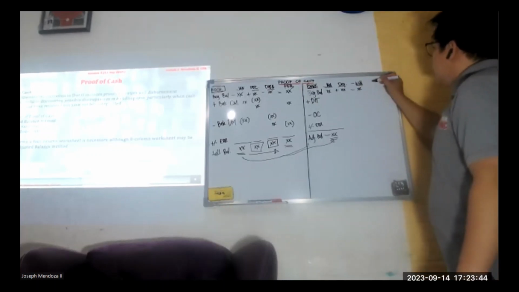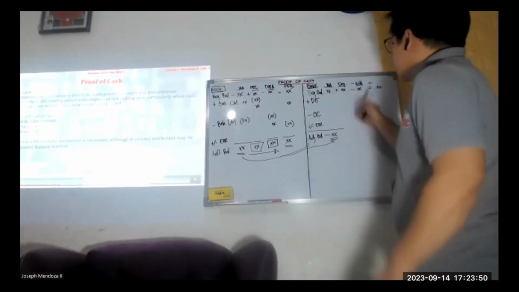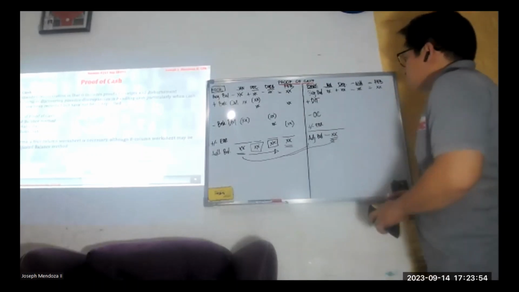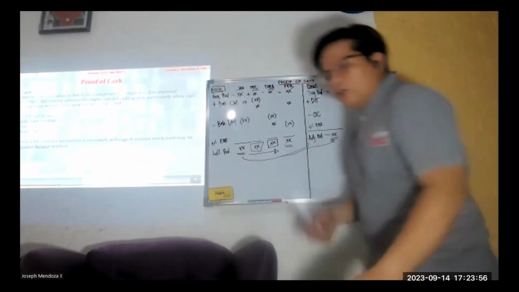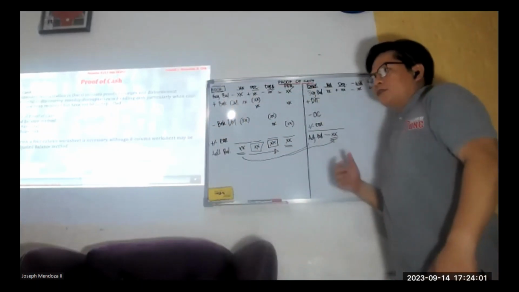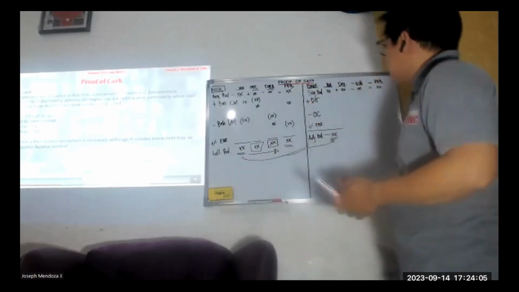Okay? In order for you to arrive at the bank statement balance as of end of February. Ang lagi kong ina-example is January, February, but this can be February to March, March to April.